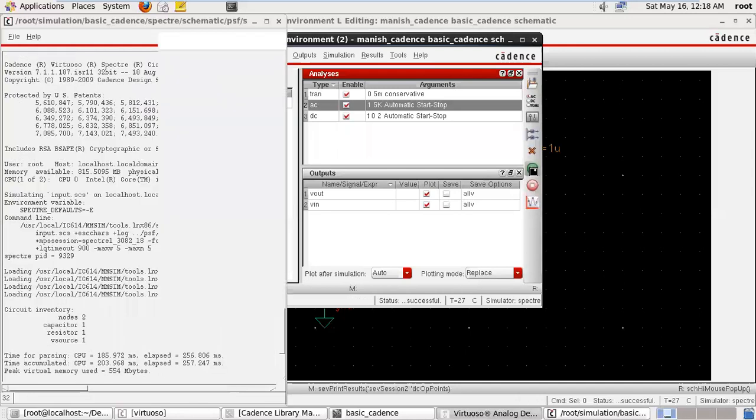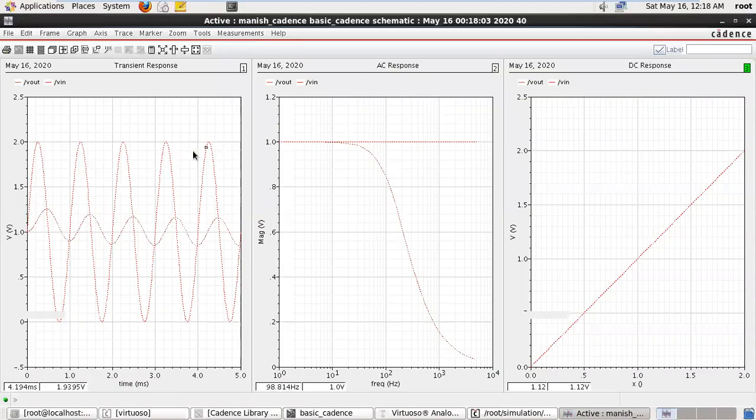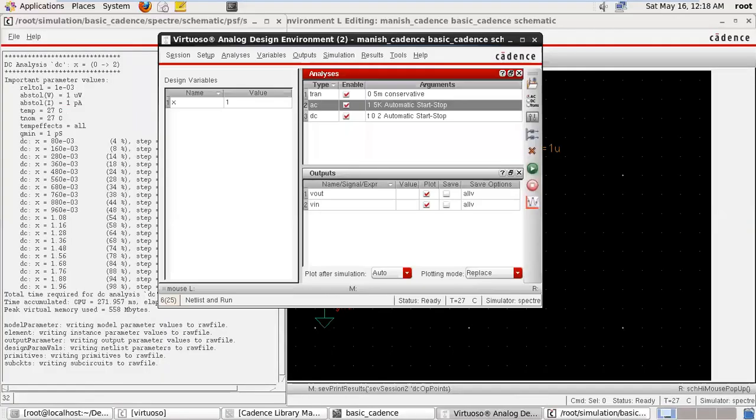When we click this, a window pops up representing the transient analysis, this window represents the AC analysis, and this window represents my DC analysis. So it is very important to know about DC, transient and AC analysis.